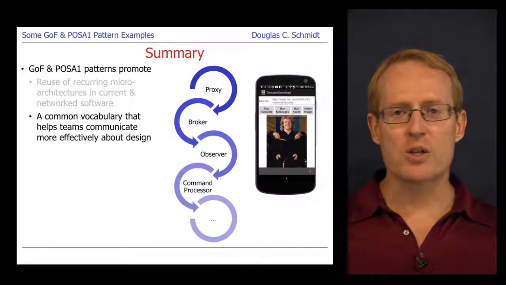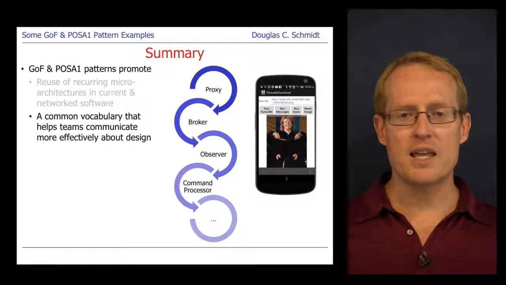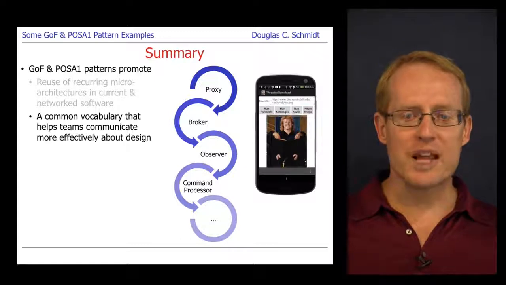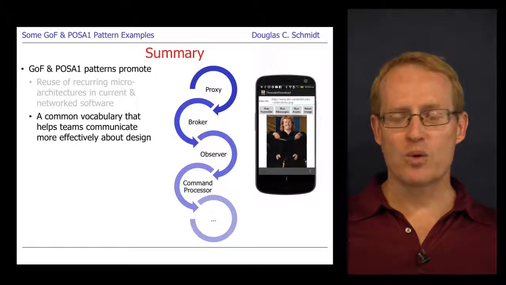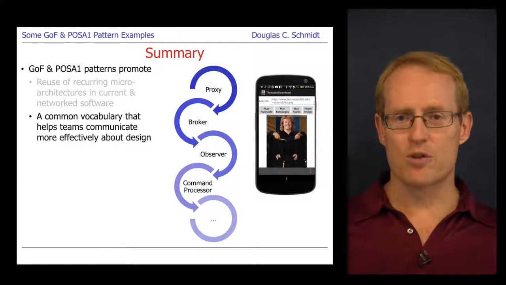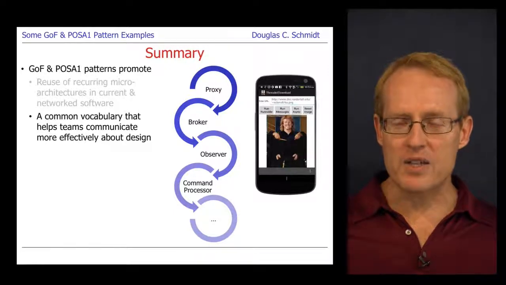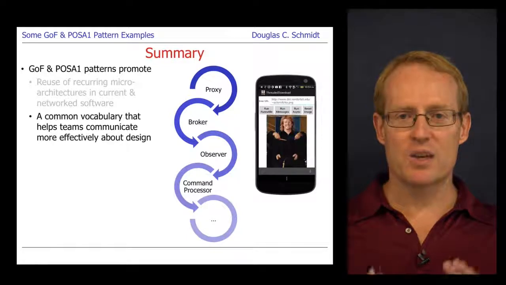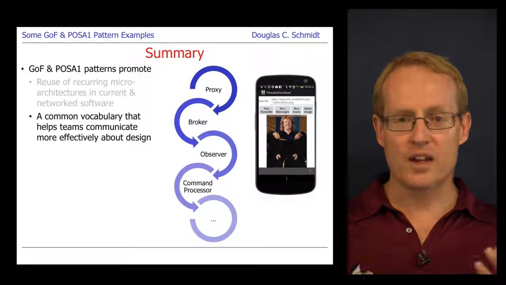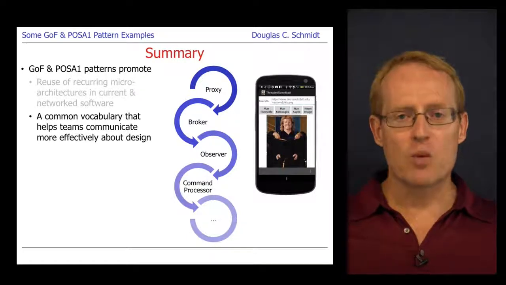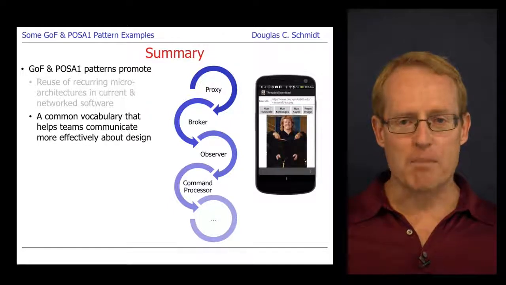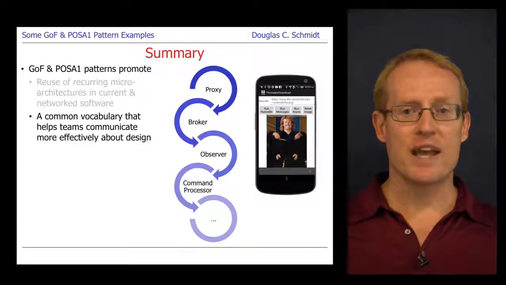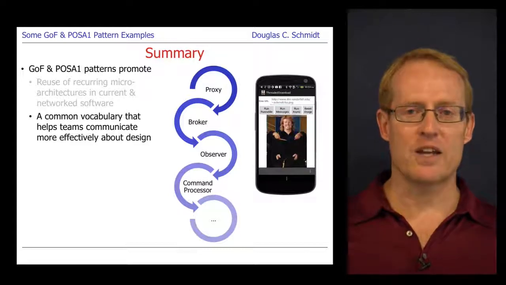These patterns are also extremely valuable to help teams communicate with each other more effectively. Once you understand the concepts, and once you can use a term like observer or broker, and have everybody on the team have roughly the same sense of what the structure is, what the dynamics are, what the consequences are, and so on, you can work together more effectively because you don't have to get bogged down in a lot of low-level implementation considerations in the design and architecture phases.